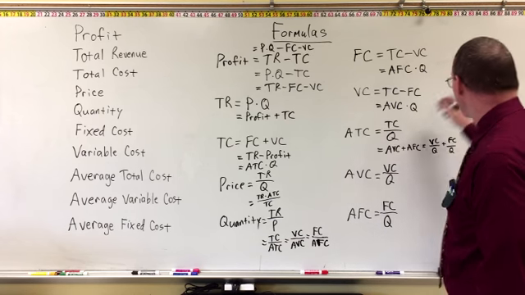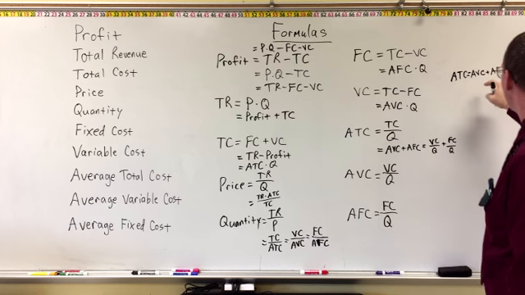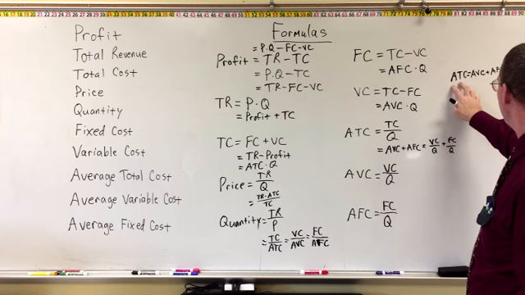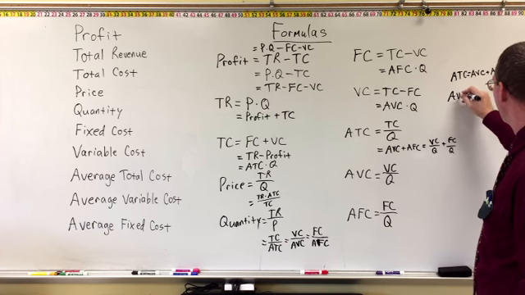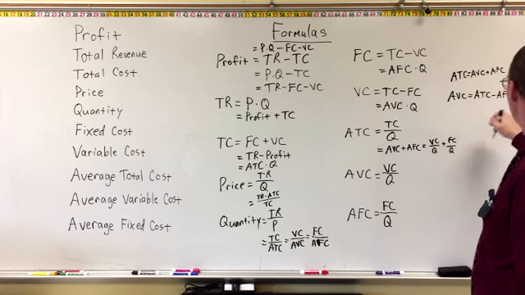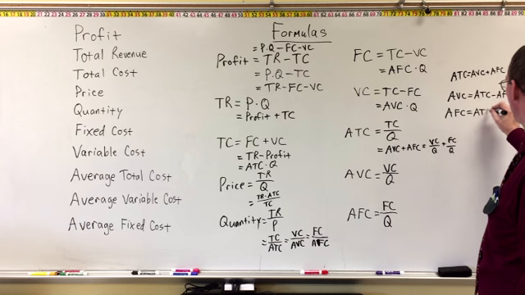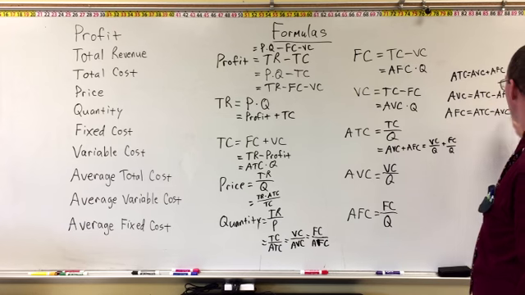And because average total cost is equal to average variable cost plus average fixed cost, I could also subtract average fixed cost from here and get average variable cost is equal to average total cost minus average fixed cost. Similarly, average fixed cost is equal to average total cost minus average variable cost.